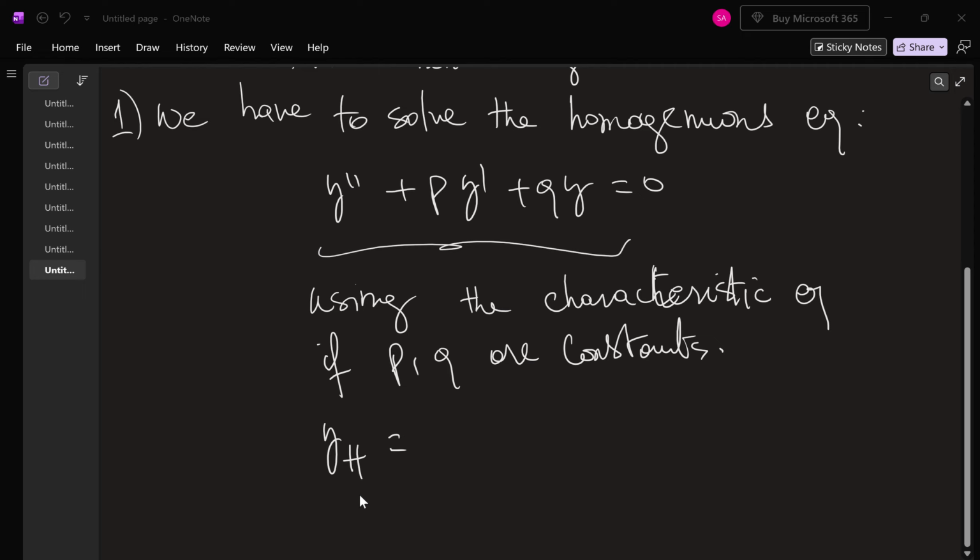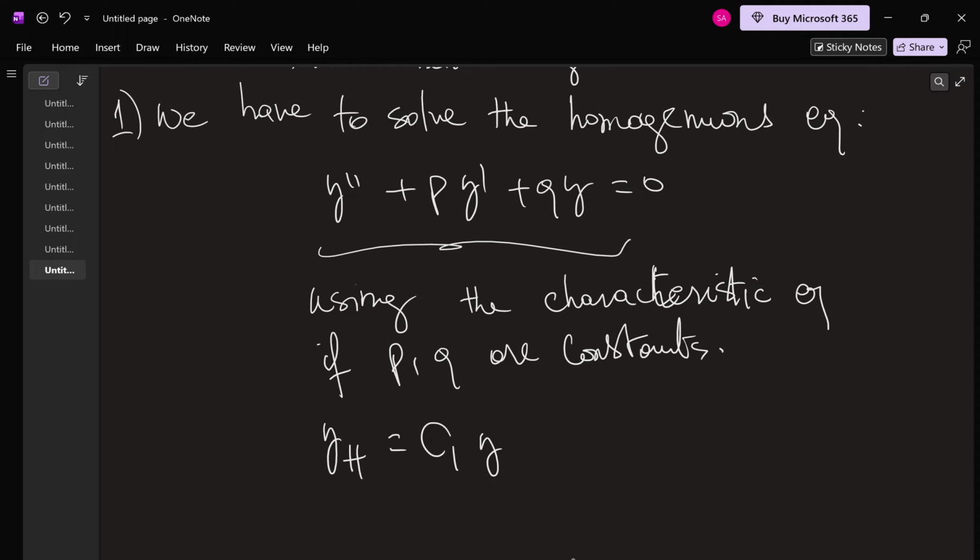Okay, we continue. So the general solution, the homogeneous solution would be yh of x, which is c1 times y1 of x plus c2 times y2 of x.